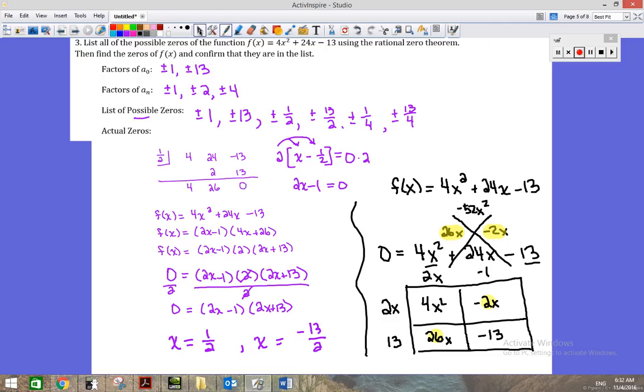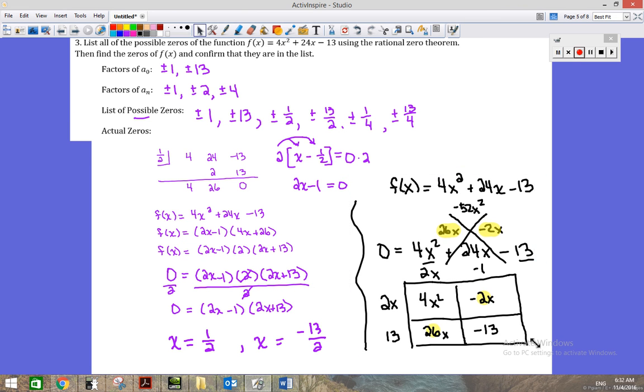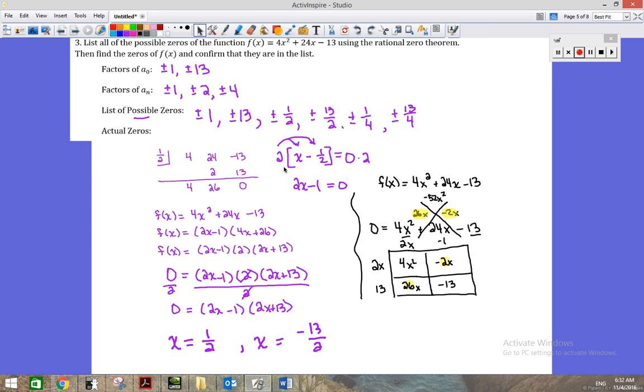So this table now allows us to factor, and we get the same answer that we did over here, that this factors to 2x plus 13 times 2x minus 1.